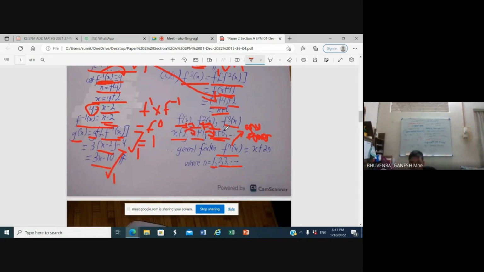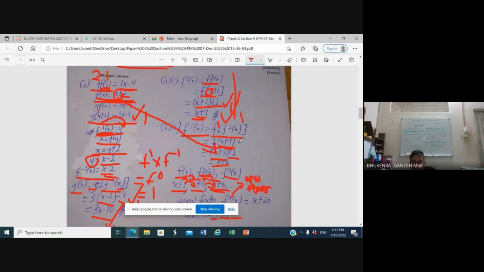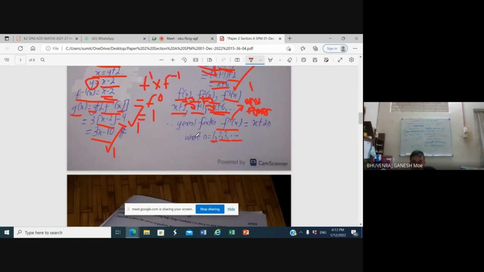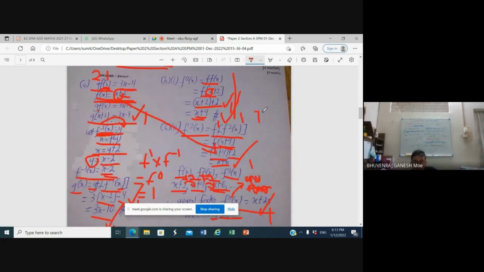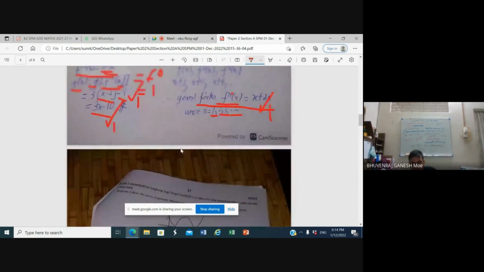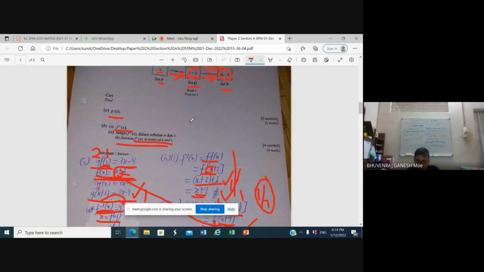And then when you get x plus 6 is 1 mark. And then when you form your general formula here, make sure you have this, your final answer, 1 mark. Okay. So total is 7 over 7. Yeah. Done. 7 over 7 marks for you. So this is your function lah, master. Okay. So this is your function.